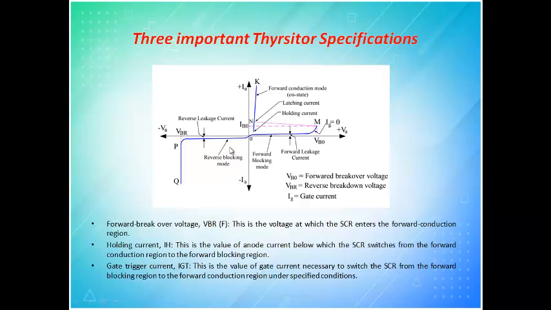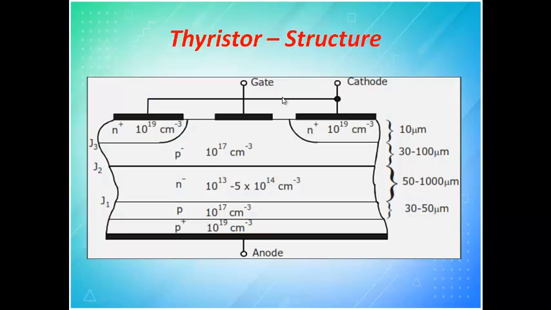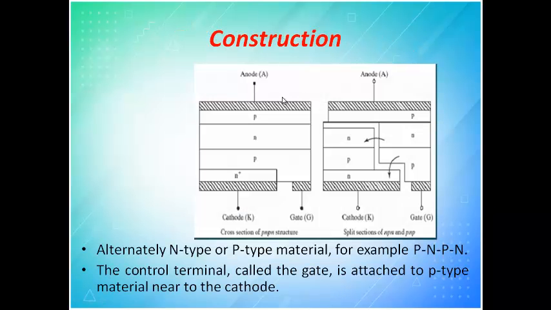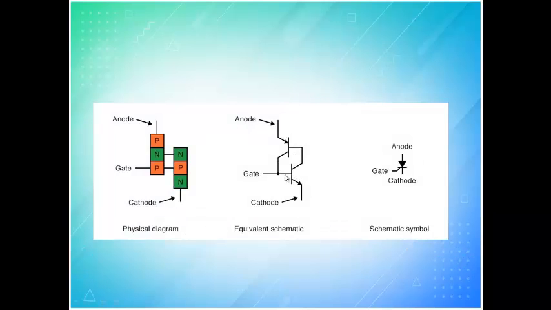Now let us see the various points at which the characteristic changes. The thing you have to remember here is there are two currents called latching current and holding current. You can clearly see here that initially only the gate is required.